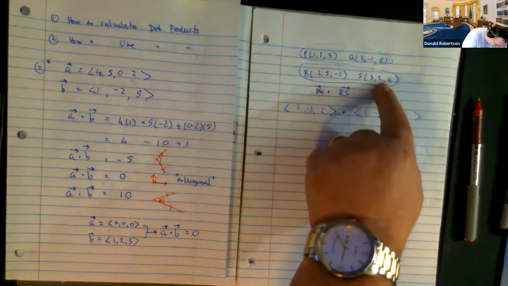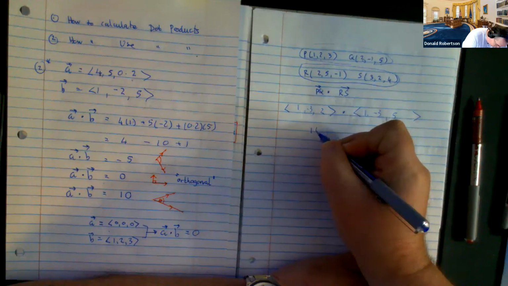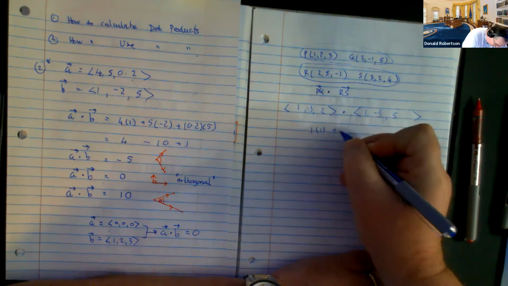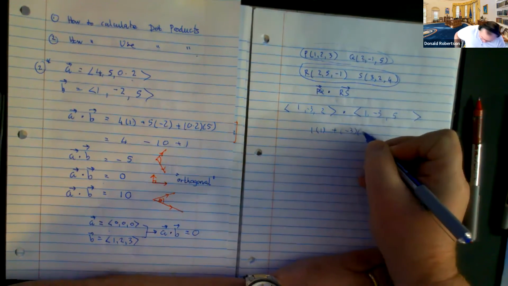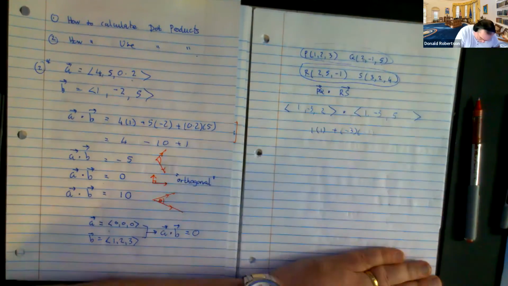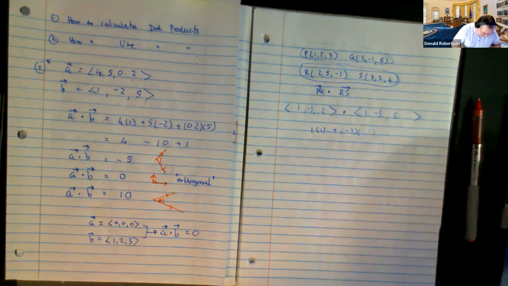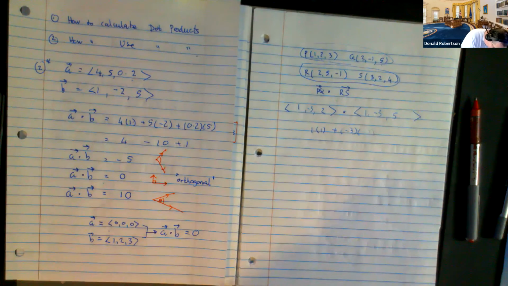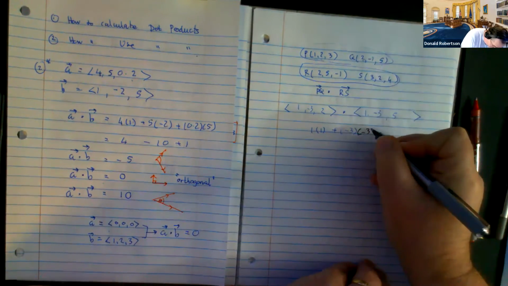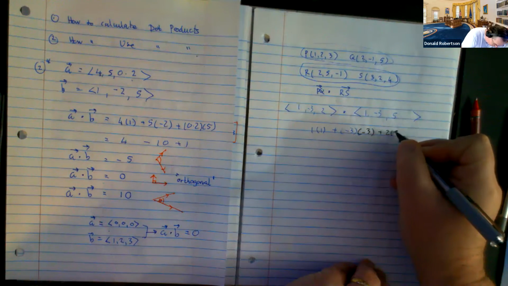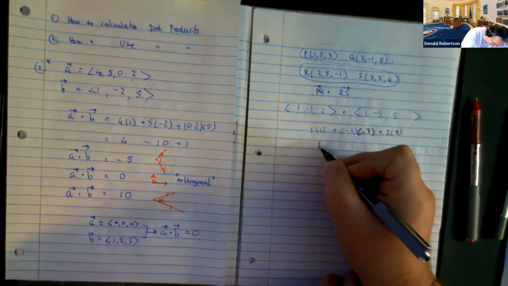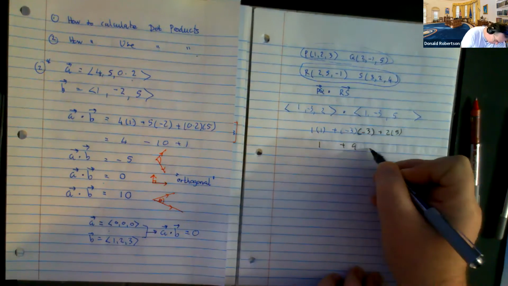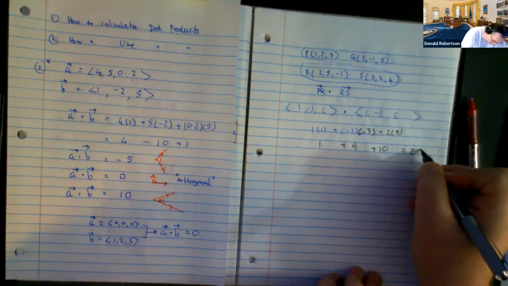Now the dot product is going to be 1 times 1 plus -3 times -3, and finishing with 2 times 5. So I get 1, add 9, add 10, and I believe the dot product in this case would just be the number 20.